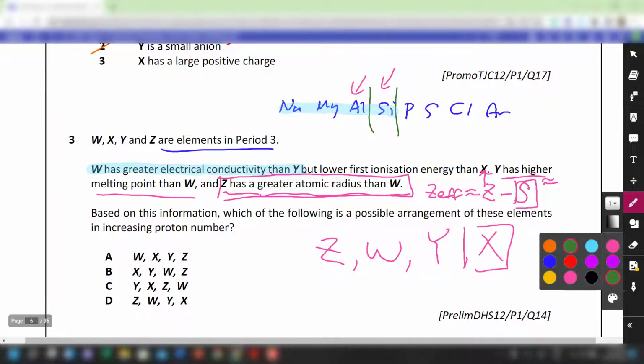Is it possible for X to be here? As we know, first ionization energy generally increases across the period.